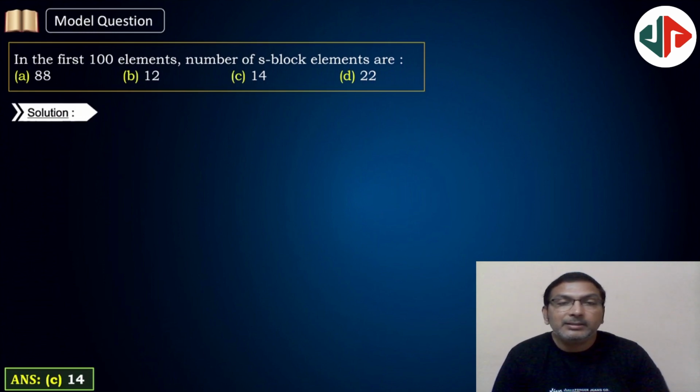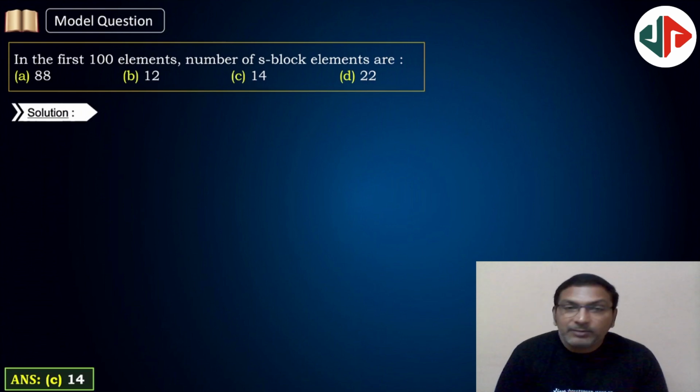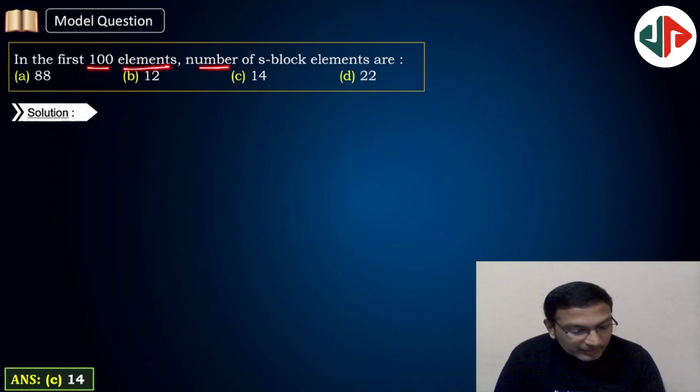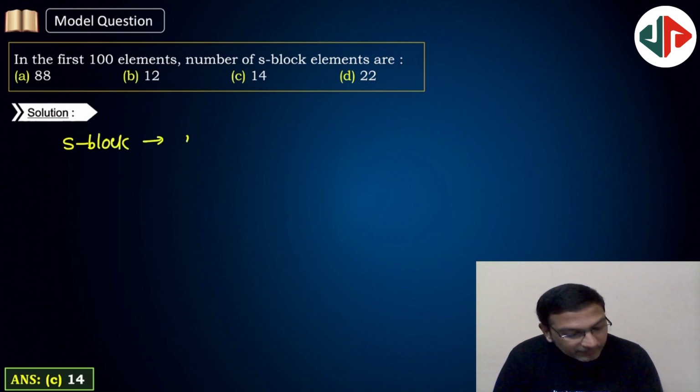So, in the first 100 elements, the number of s-block elements are. We know s-block elements consist of first, 1A, alkali metals.